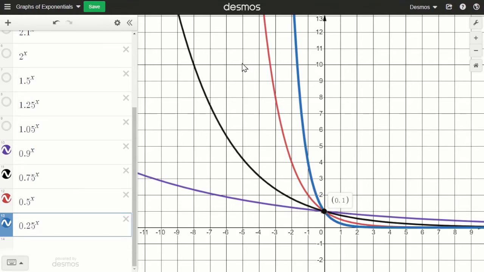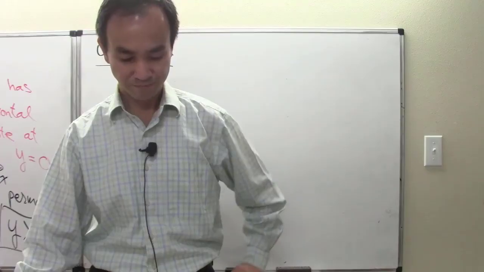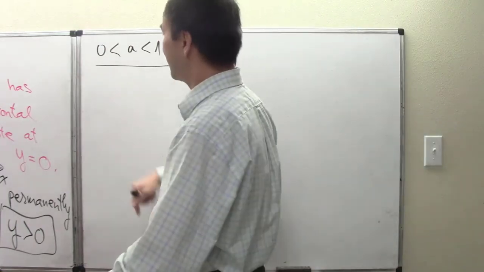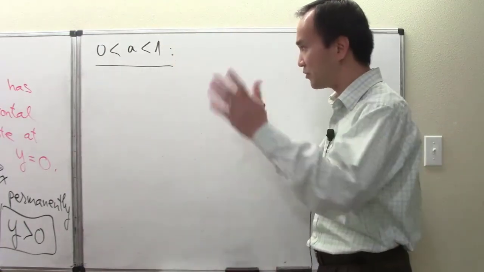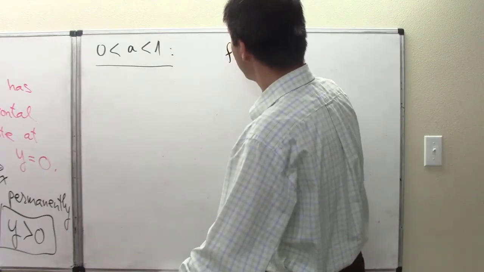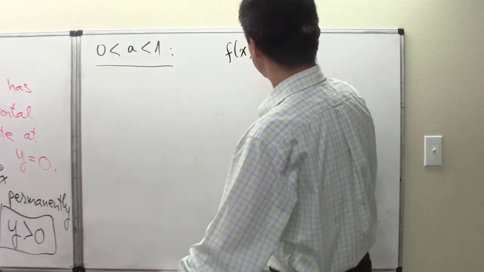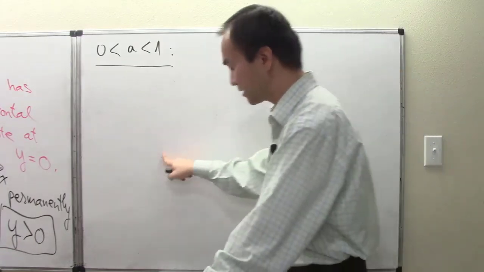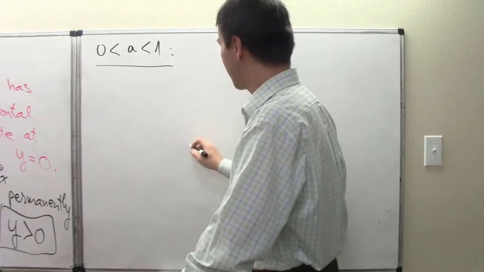After seeing four graphs, that should be enough for us to draw a conclusion. On our graph with all of those functions, yes, it's an exponential function again, but where the base is less than 1 this time. This is what I noticed.